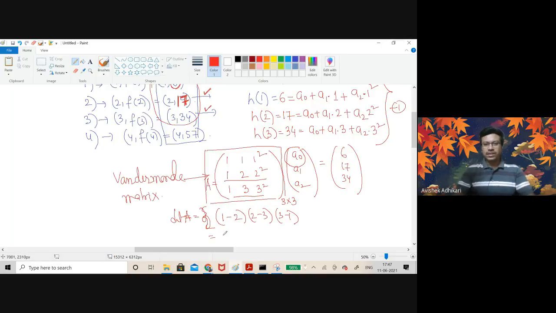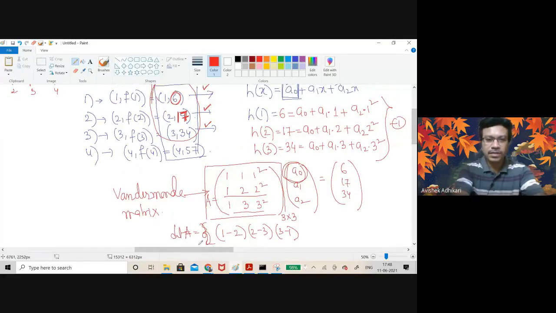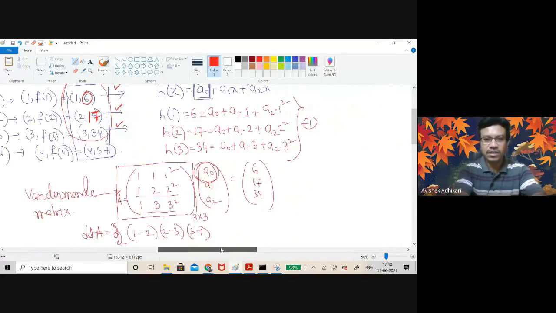And you can see that this is certainly not equal to 0. As a result, this kind of matrix will always have a non-zero determinant value. As a result, the inverse of this matrix will always exist. As a result, this system of linear equations is always consistent, and you will certainly find the value of a0.